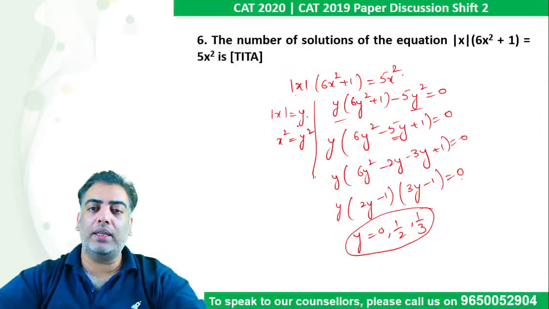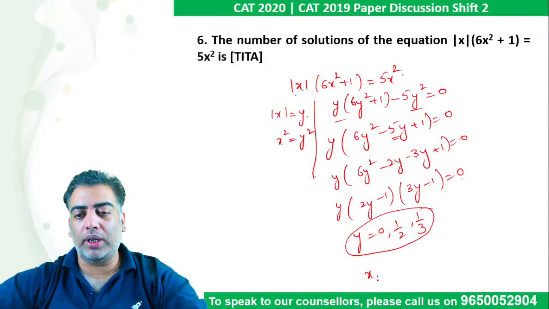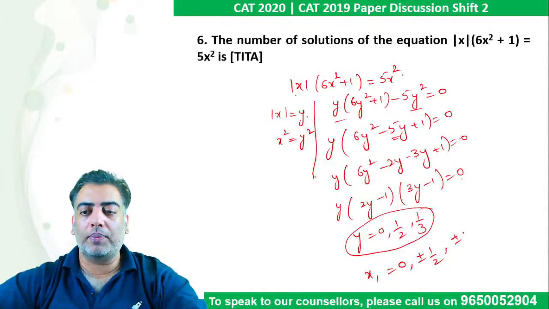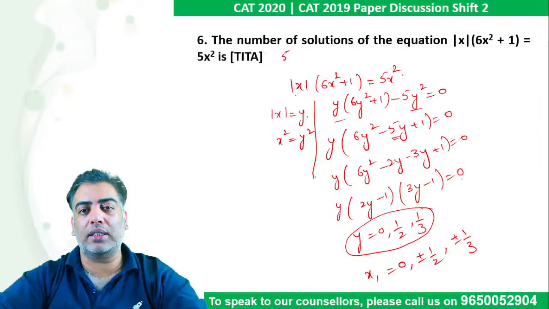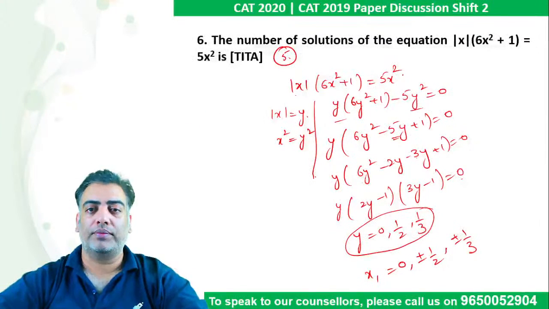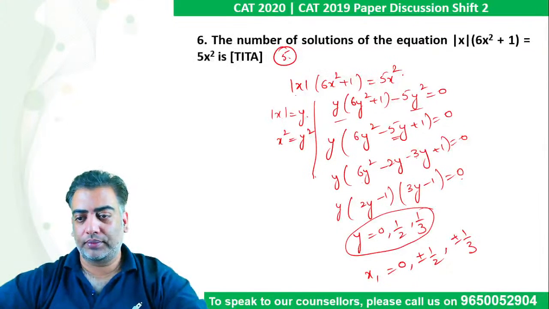Now y basically represents mod x. So can I say, because y is equal to mod x, x will be equivalent to 0, plus minus 1 by 2, or plus minus 1 by 3. So the number of solutions in this case comes out to be 5. So please check it out. I hope it is clear.